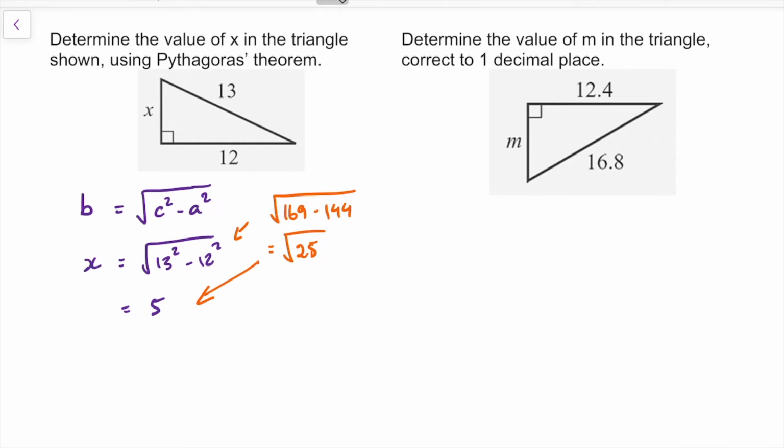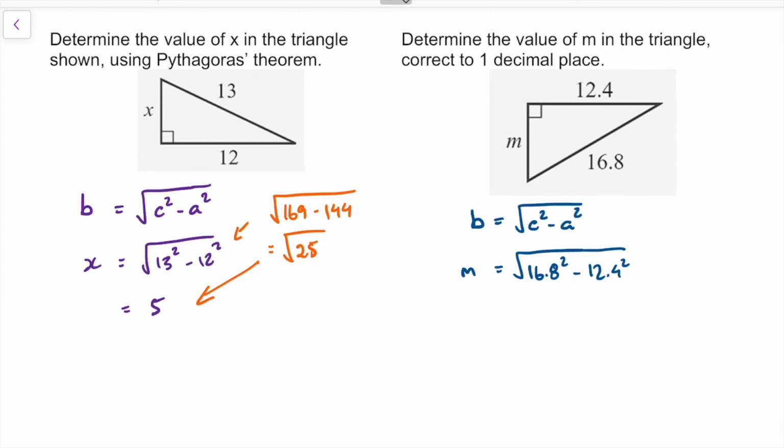Our next one is going to have a bit of a decimal in it, so let's see what's happening over here. Start with this same formula, our short side equals the square root of the hypotenuse squared minus the other short side squared. This time we have m as our pronumeral that we are trying to find. We have 16.8 squared minus 12.4 squared.